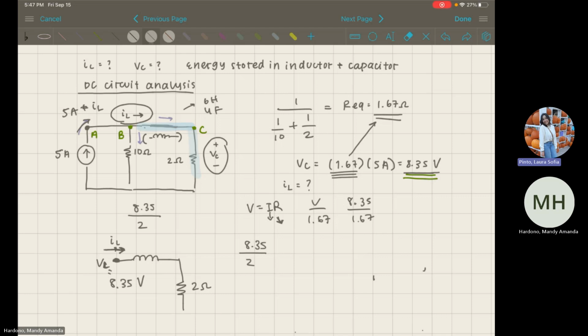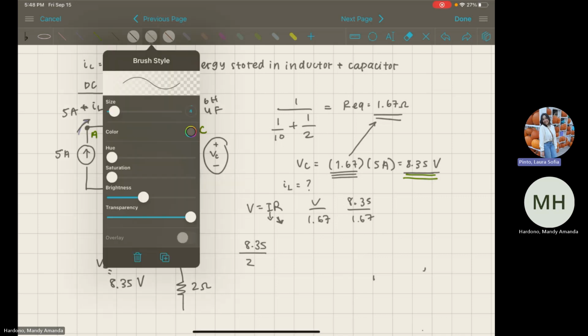I'm still trying to memorize it, so my memory might be a little shoddy. With this one, I probably wouldn't go for voltage division because there's not anything in series. We just have parallel, once we account for the fact that the inductor becomes a short or wire, and the capacitor results in an open. So it just results in this series connection.